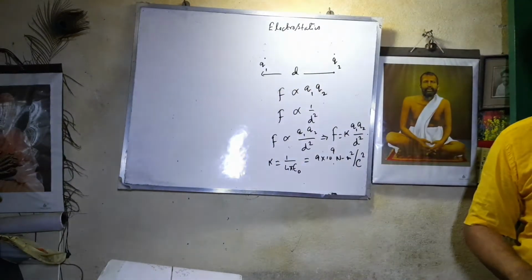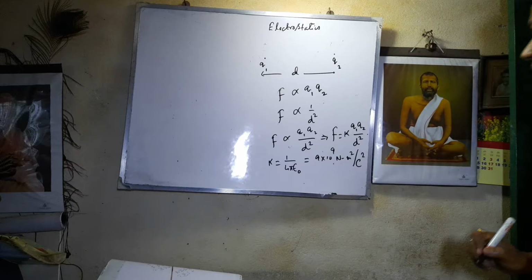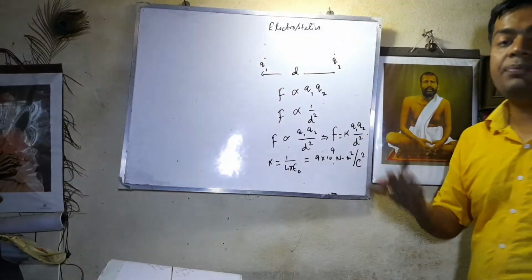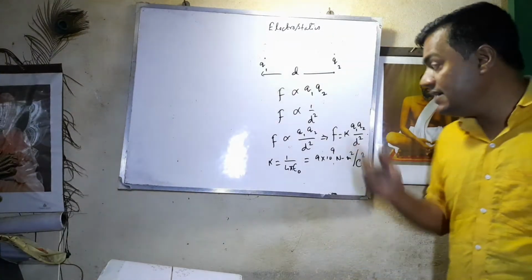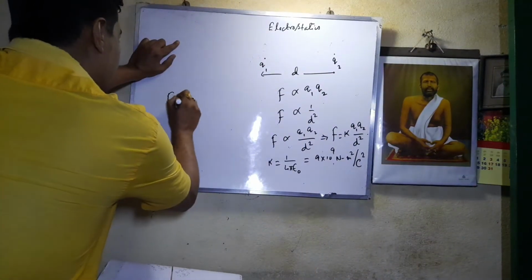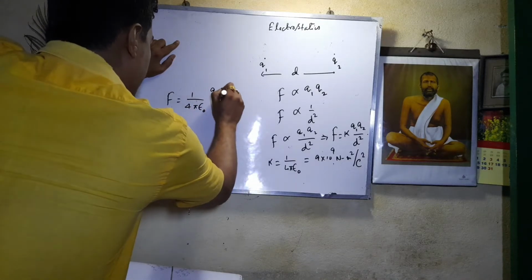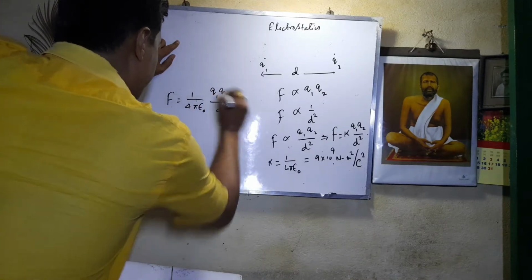So in the SI system and for air medium, which is also represented by free space, F equals 1 by 4 pi epsilon naught Q1 Q2 by d square.